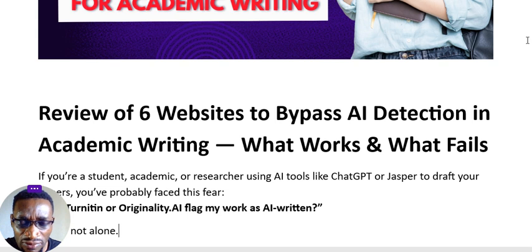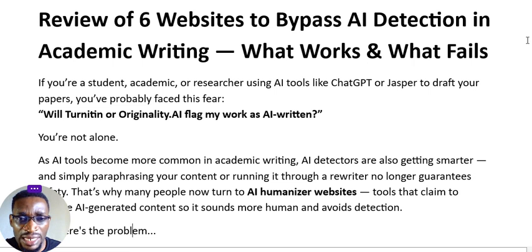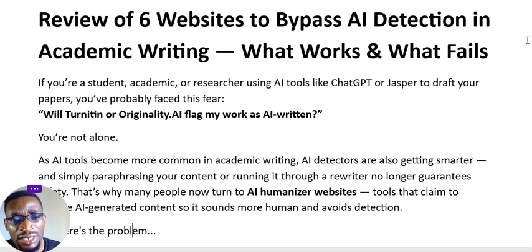So because of this, many of our supervisors and school institutions have been using AI detecting tools like Turnitin and Originality.AI to flag AI written works.